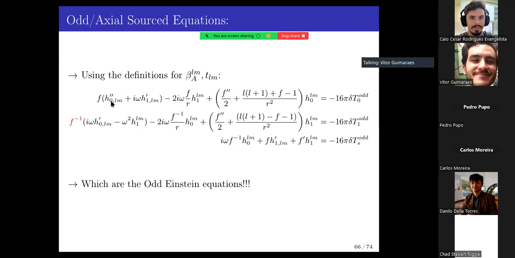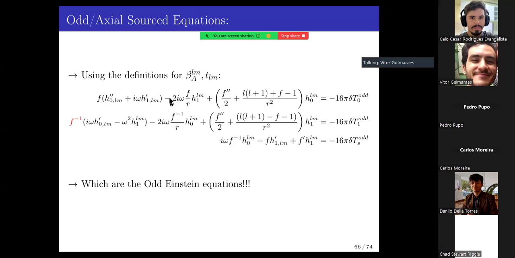Remember that these are the Fourier transformed versions. So all of them here are functions of omega, r, theta, and phi. I'm sorry, these here are only functions of omega and r, because we separated the angular part.